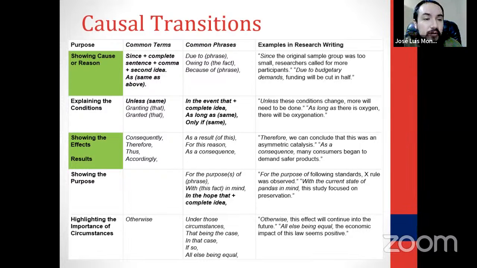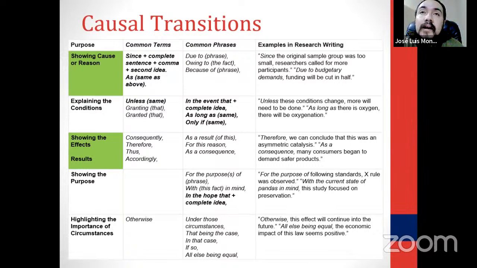Showing effects, results, that's the opposite of the first one. Consequently, therefore, thus, accordingly, as a result of this, as a result of that, or simply as a result, for this reason, for that reason, as a consequence, and so on and so forth. And here again, this is result. So, I love pasta, period.